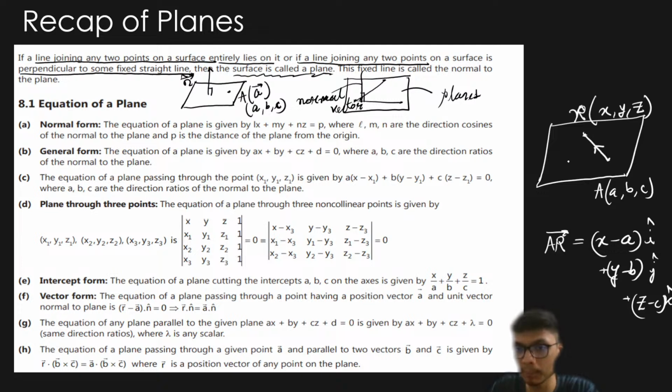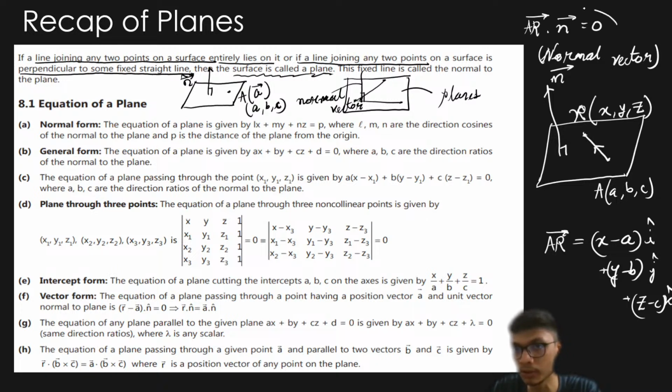Now, in a plane, we have the vector perpendicular to the plane, which is the n vector, also called the normal vector, right? From your basic concept of algebra of vectors, we have seen that for perpendicular vectors, the dot product is equal to 0. Therefore, you will have AR dot n vector equal to 0, right?